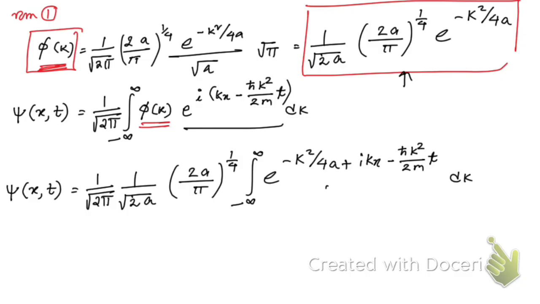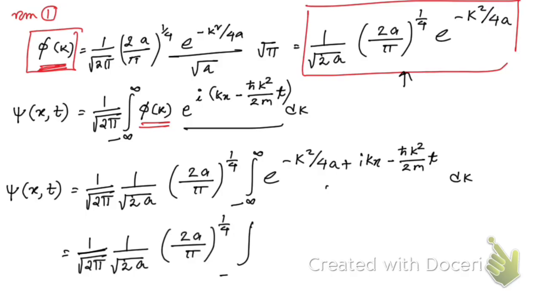So now you see, from here we can take this k square common, this k square also common, right? So we can write this way, 1 by, let me copy this instead of writing all these things again and again. And integration from minus infinity to plus infinity, then e to the power minus, taken common, then k square into 1 by 4a plus h cut k square by twice m into t.